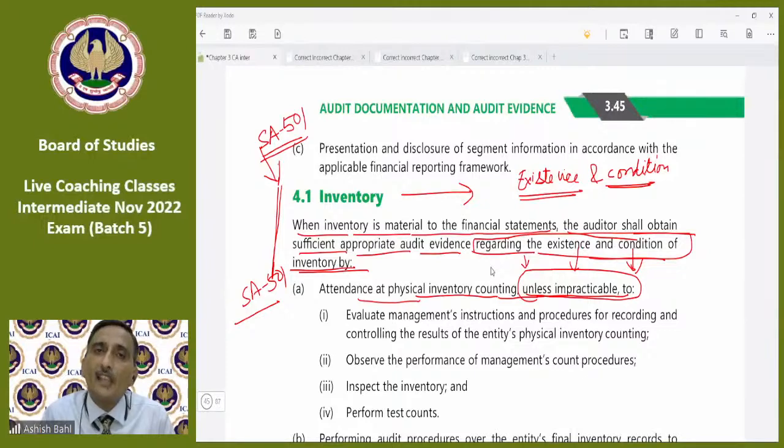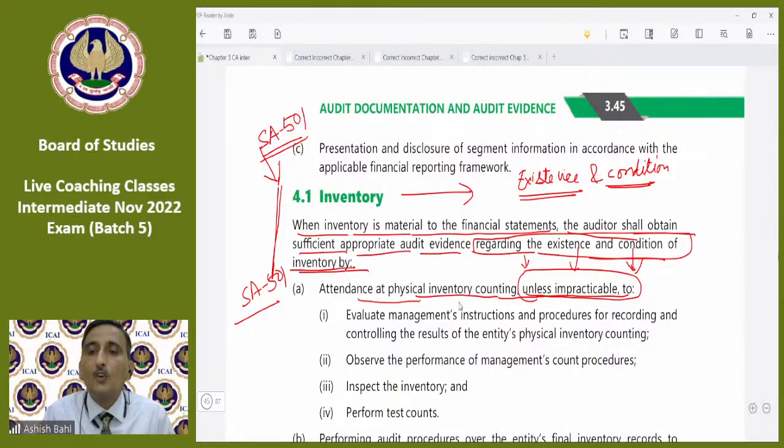But such things have been duly considered, that there might be certain situations where it might not be practicable for the auditor to attend physical inventory counting. But otherwise he shall attend physical inventory counting unless it is not practical. Okay.